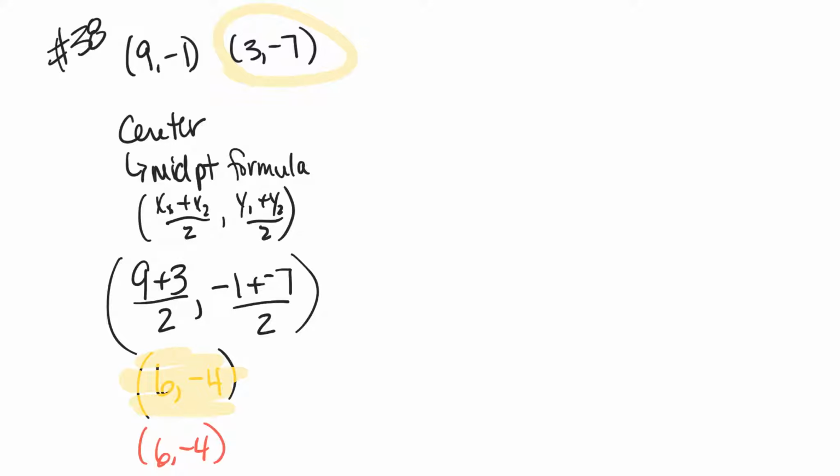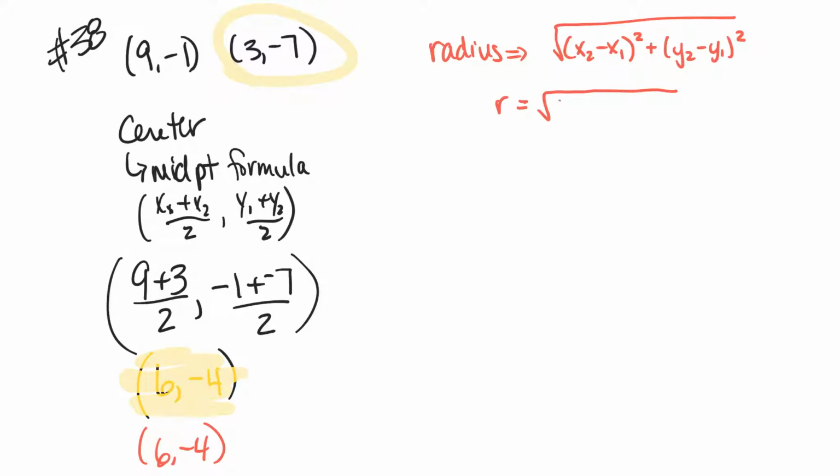So to do that, I'm going to use my distance formula. To find the radius, it's the square root of the difference of our x's squared plus the difference of our y's squared. In our case, the difference of the x's, I have 3 minus 6 squared plus, now I'm going to do my y's, -7 minus -4 squared.